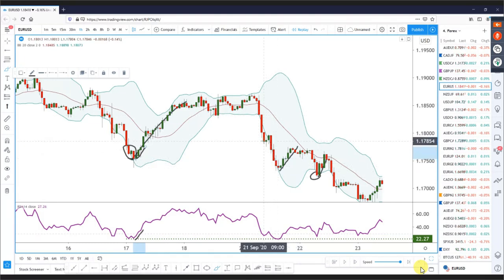So over here, yeah, this could have been a trick you moment, you know? Like it broke out of the band and then it showed a little reversal over here. And then it went into the band again before it actually came back here to tap exactly at the previous level, which is our 22.27% before it went back in.